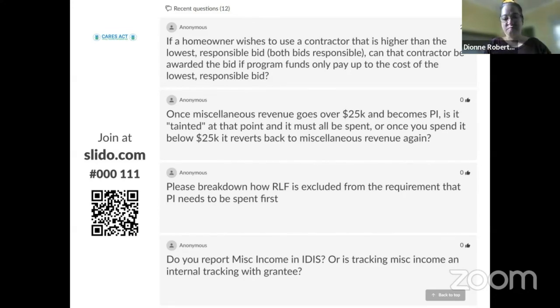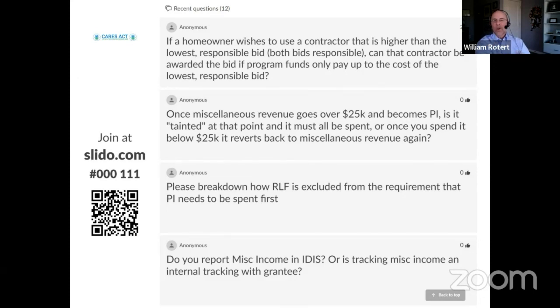Okay, great. If a homeowner wishes to use a contractor that is higher than the lowest responsible bid, both bids were responsible, can that contractor be awarded the bid if program funds only pays up to the cost of the lowest responsible bid? That's an interesting question. I don't see any reason why that could not happen.